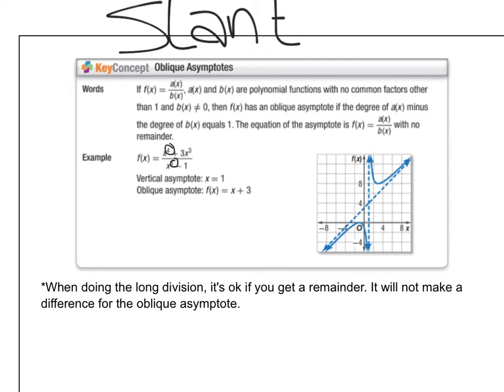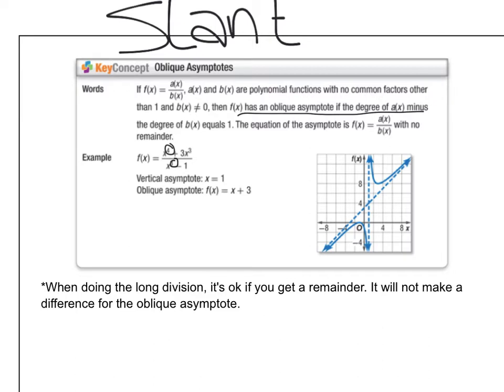You'll see that right here: we have an oblique asymptote if the degree of a of x, which is the numerator, minus the degree of b of x equals 1. So if there's a 1 degree difference from the top to the bottom in our degrees, then we have a slant asymptote. Now, how we calculate that is by doing long division.